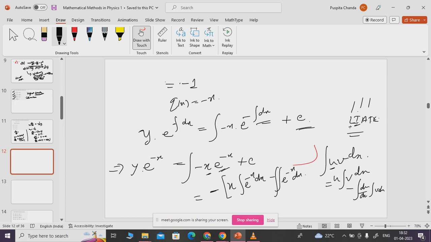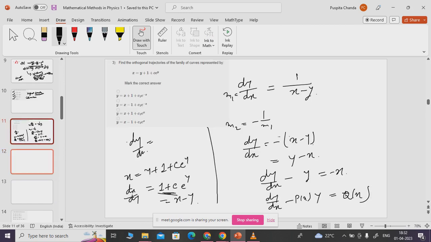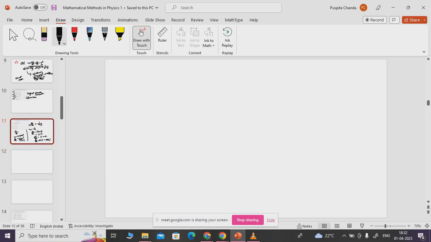If there is no log but inverse, then it should be inverse first, then anything else should be v. Then algebraic, then trigonometric, then exponential. So exponential is the last option. Here x is an algebraic term, and this is an exponential term. So the exponential term will not become u, the algebraic term will become u, because a comes first in LIATE. That's why I have written it.